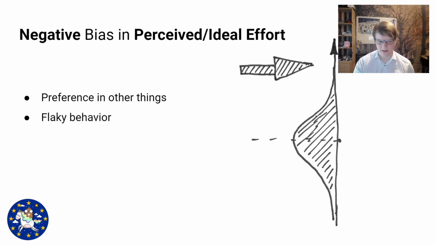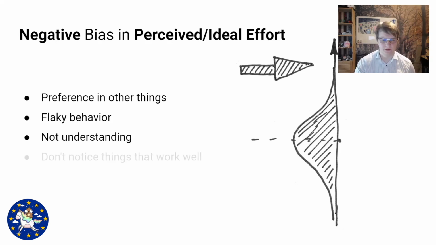But realistically, it maybe wastes 5 minutes per day, or for a month. So not understanding, of course, also has negative bias. If we are completely lost when using something, then it makes you feel like, oh, this is a really slow way to do things.